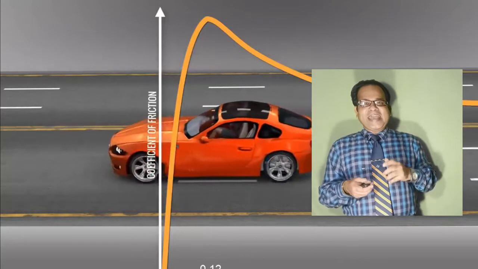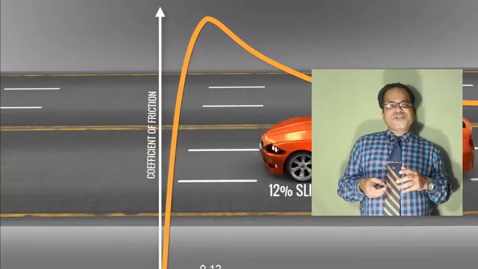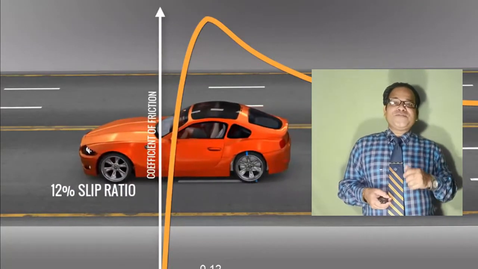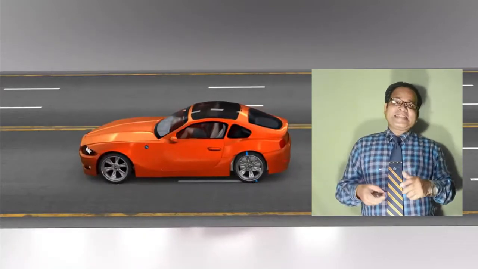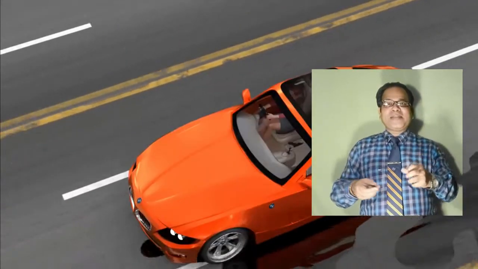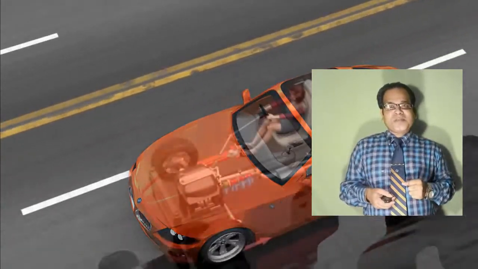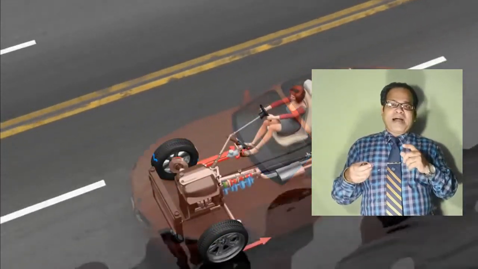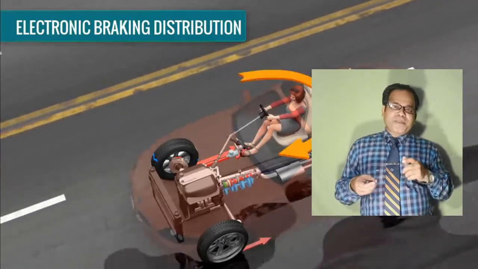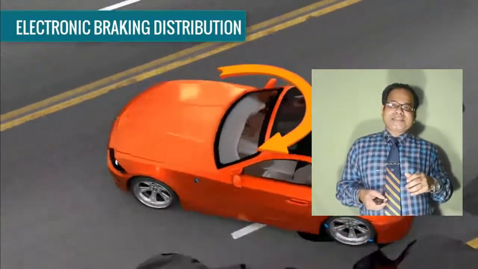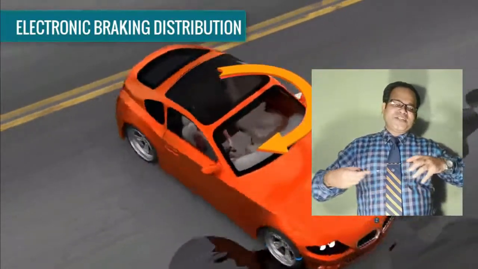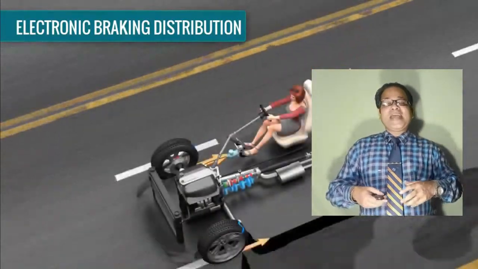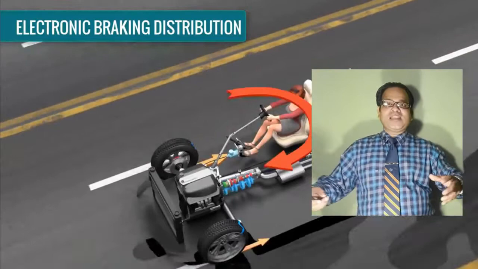However, in ABS braking, the slip ratio is reduced to about 12%, with the frictional value at a maximum. But it creates a huge amount of instability in the running system of the car. So the intelligent electronic brake force distribution, a subsystem of a modern ABS system, distributes this instability among the four wheels equally.